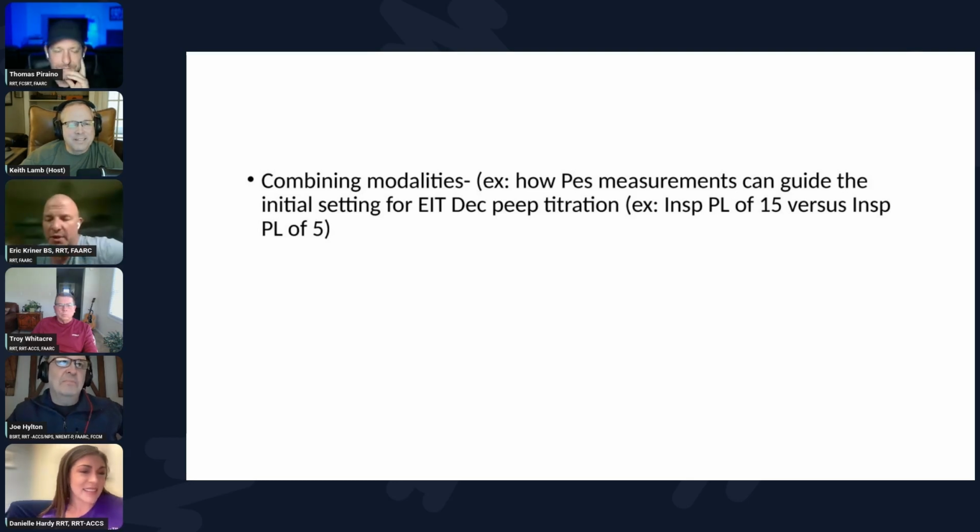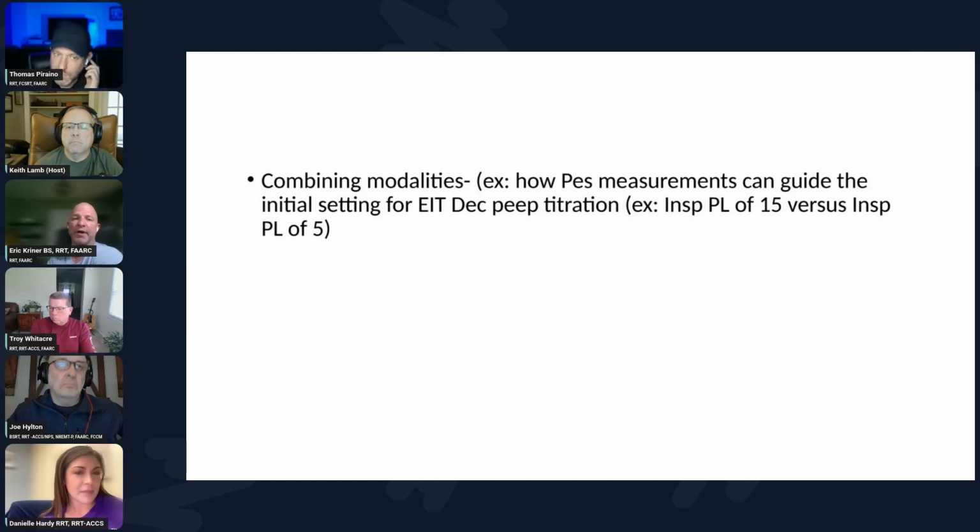That's kind of what I was referring to in my initial comment about the use of transpulmonary pressure, combining it with EIT, right, and doing the decremental PEEP trial, comparing it to just a plain old straight up expiratory transpulmonary pressure of 0, and understanding that there is a difference in this particular patient at this particular time.